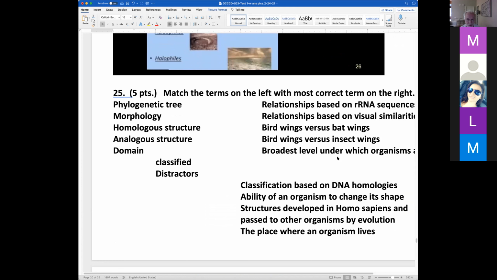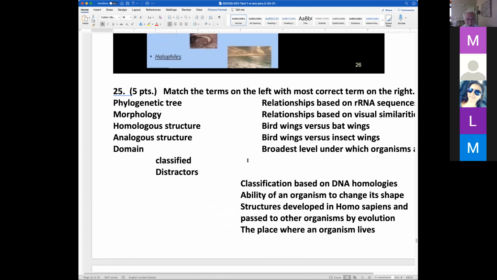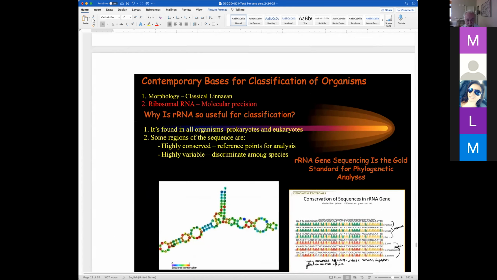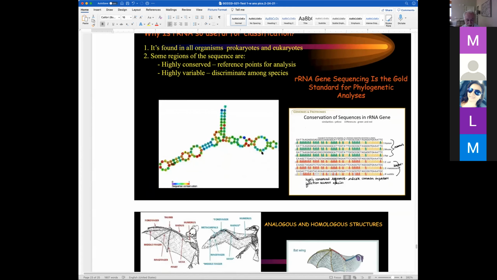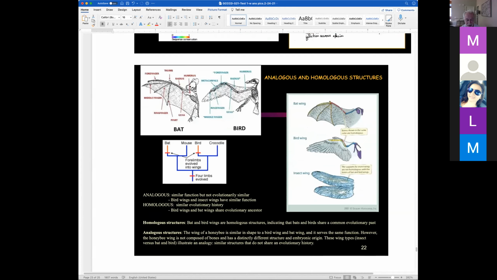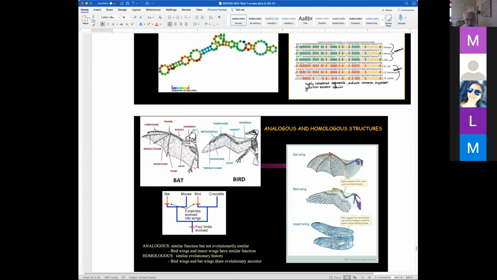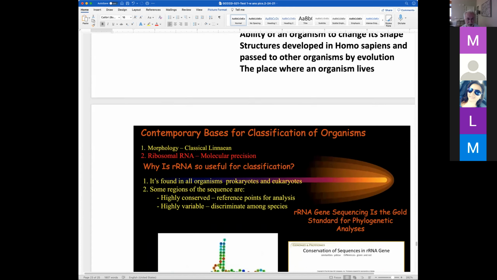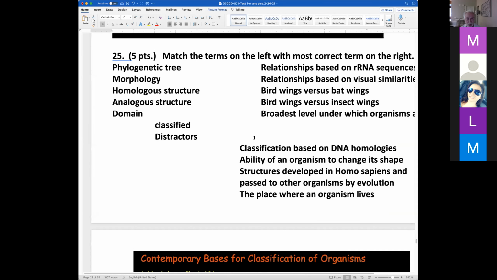Okay, match the terms with the most correct term on the right. A phylogenetic tree is relationships based on ribosomal RNA sequences. Again, we're getting these questions and answers from these slides that were shown in lecture. Morphology is a relationship based on visual similarities.